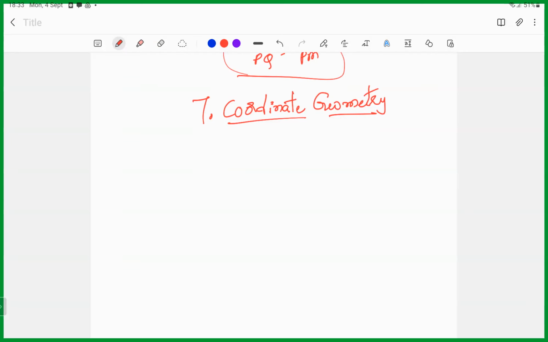So what have you learned in ninth class about coordinate geometry? Cartesian plane, x coordinate, y coordinate, graphs. Generally, why is this coordinate geometry used? For what purpose?